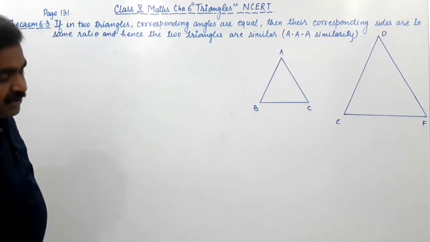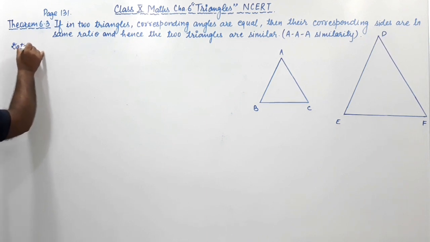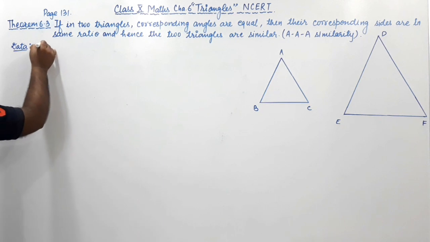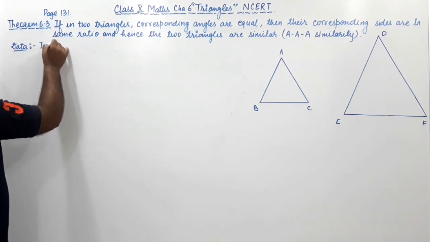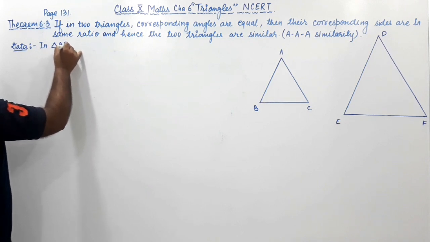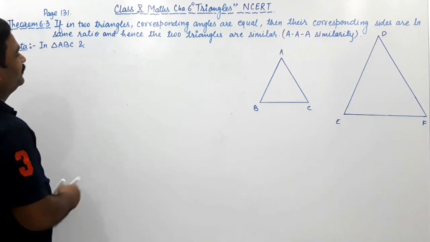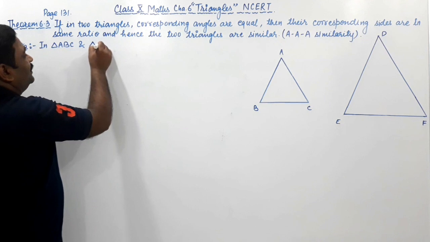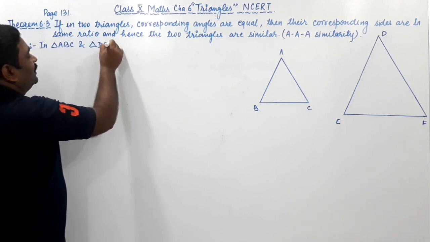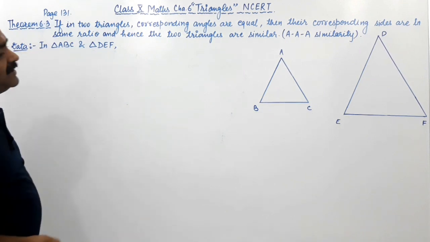The thing which is given we need to write down in data. In data we have to note down, in triangles ABC and triangle DEF, what is given? Their corresponding angles are equal.